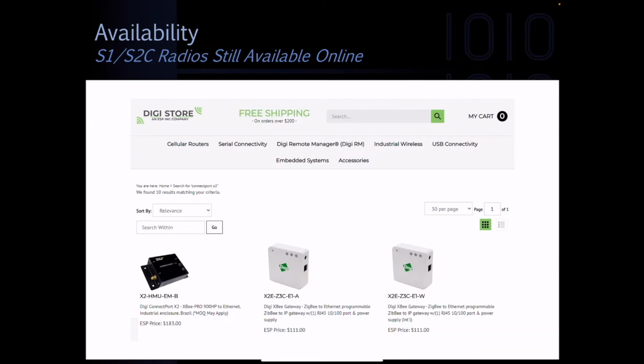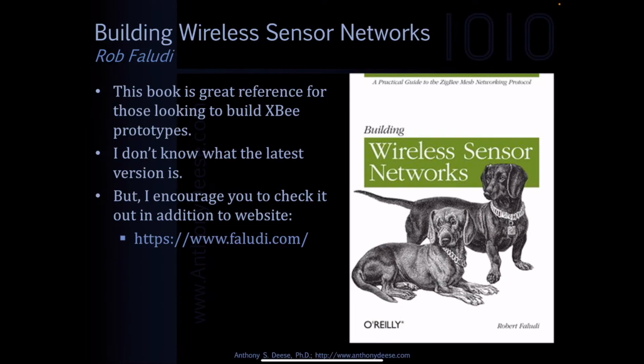There's also the Digi Store, which you can find. I don't know if this is officially associated with Digi, the manufacturer. It may just be their preferred distributor, but this website provides access to tons more parts that we're going to discuss in these modules, one of the prime ones being the X2 Connectport module, the ZigBee to Ethernet gateway.